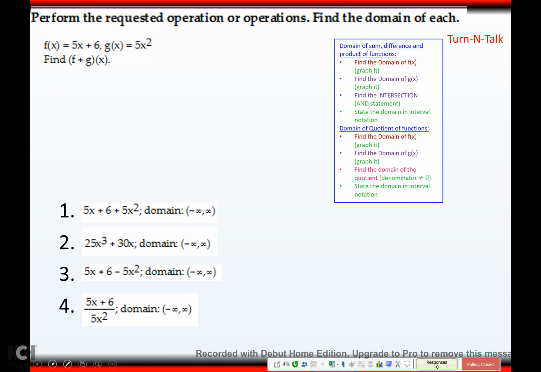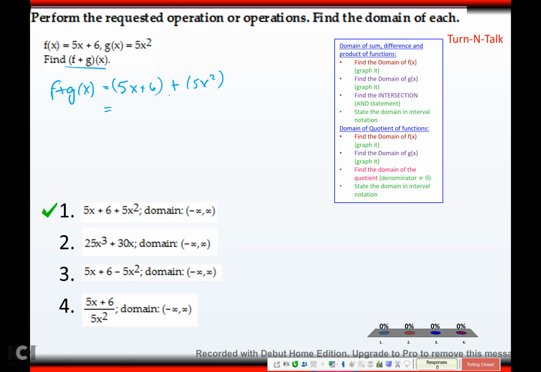Alright, you try this one. They just want you to add the two and state the domain. Hit pause, come back when you're ready. And hopefully you got one. So they want me to add the two functions. So f plus g of x is going to be my f function plus my g function.